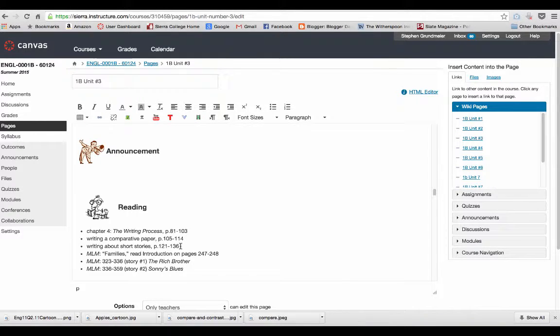Now, what I like about this section is that it will show you how to include text from the stories as evidence for your analysis. That's important to do. You need to have textual evidence that will support your thesis statement. Here is some more information about families, about this unit, and then the two different stories that you'll be reading.